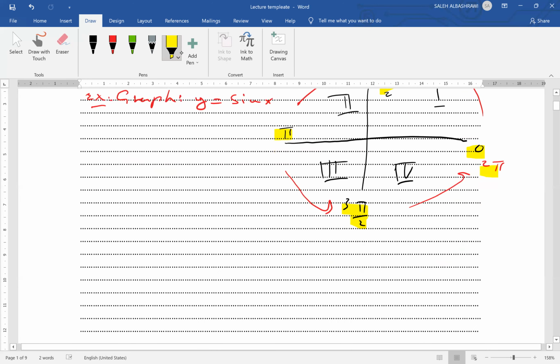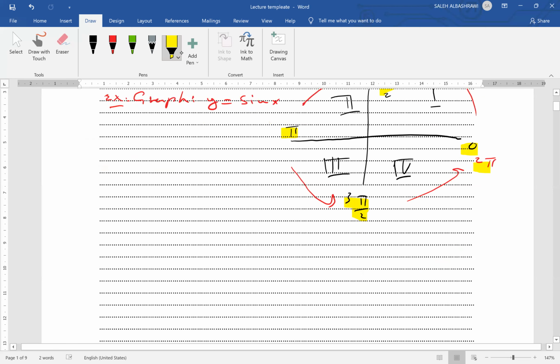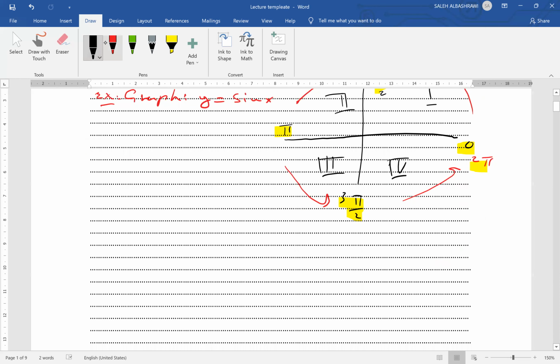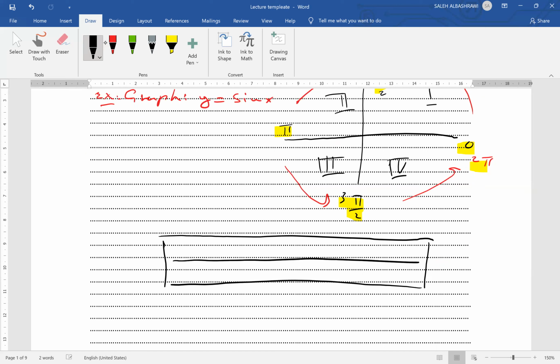And as we know, to graph any function we use points. This will be the table of points for the variable x. This is x, and this is y, which is equal to sine x.